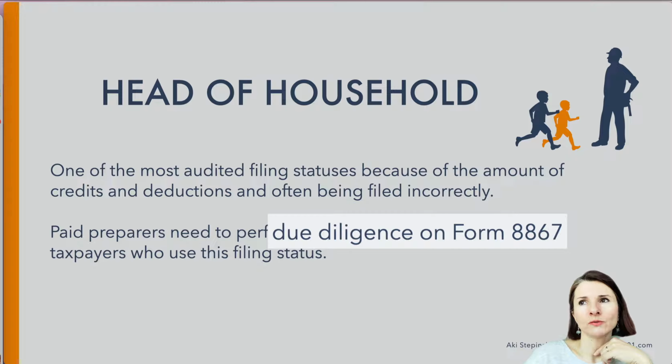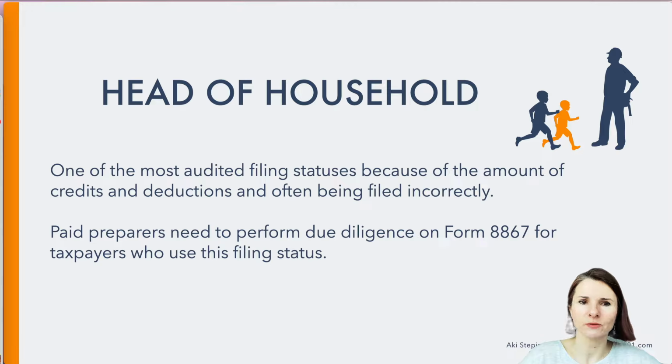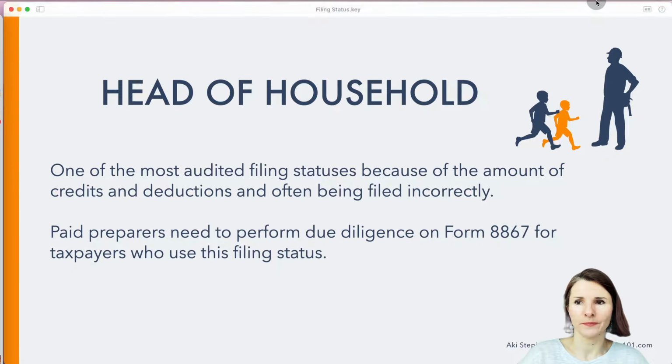So if you go to a paid tax preparer, they might ask you a lot of questions. You may wonder why they are asking all these questions, but they have to fulfill that requirement because this filing status is audited so often and filed incorrectly. So they might ask additional questions to determine that you can use this filing status.